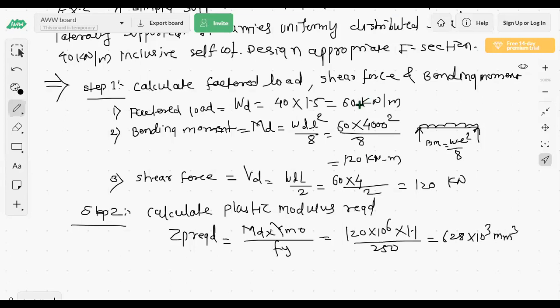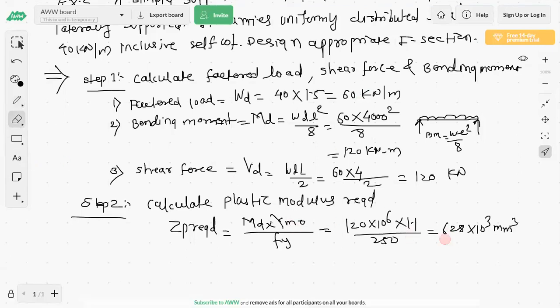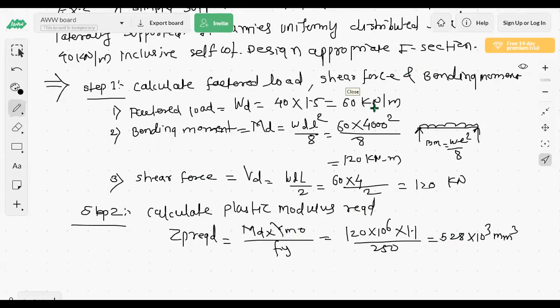Okay, here 528. Okay, 528 into 10 raised to 3 mm cube, correct. 523 or 528? Swapnil, you have given answer 523. Okay, correct, 528. Okay, we got the ZP value.